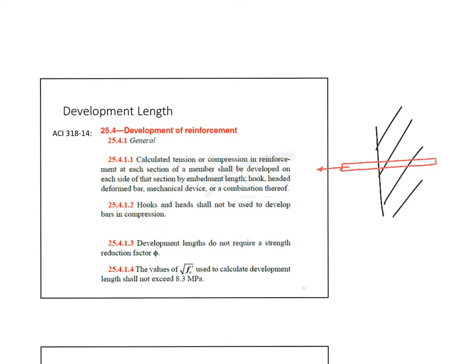If I pull out on this bar, what are the expected types of failures? I am expecting, number one, to rupture the bar. That means the bar is very bonded. There's a really good bond here, and this is deep enough, big enough, that it avoids the slippage of the bar.